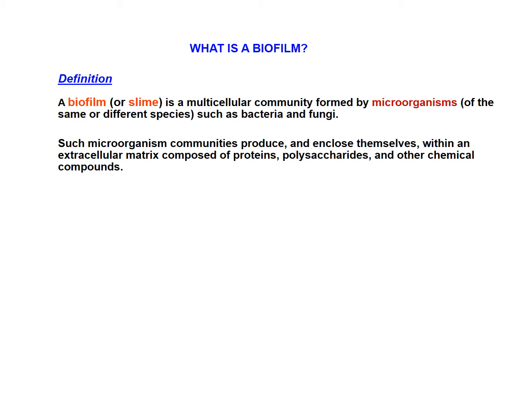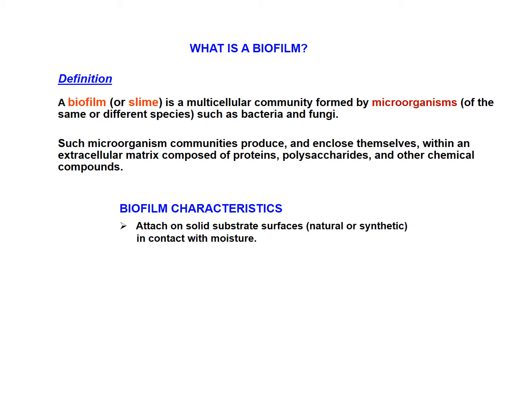The cells inside the biofilm enclose themselves in an extracellular matrix which they produce themselves. This extracellular matrix contains proteins, polysaccharides, and several other chemical compounds.